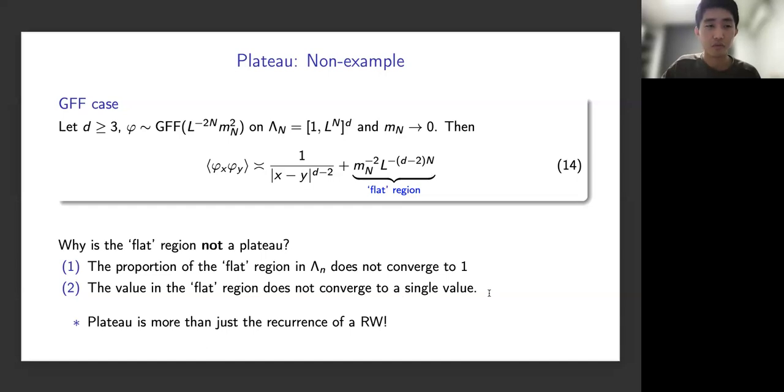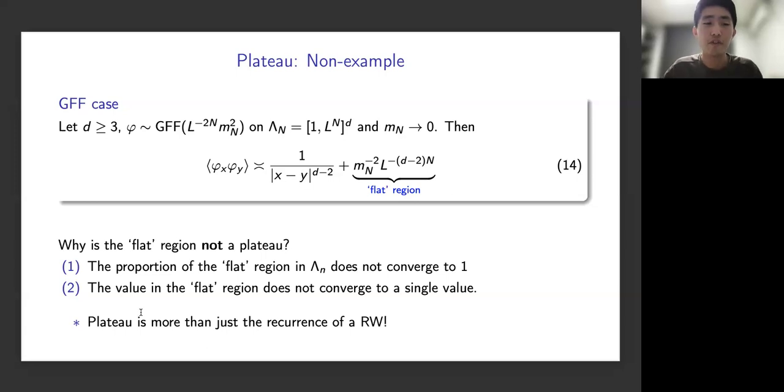So to define what a plateau is, you can think about the opposite: when the correlation function has a flat region whose proportion inside lambda n converges to 1, and the value inside the flat region converges to a single value, then you say there's a plateau in the correlation function.